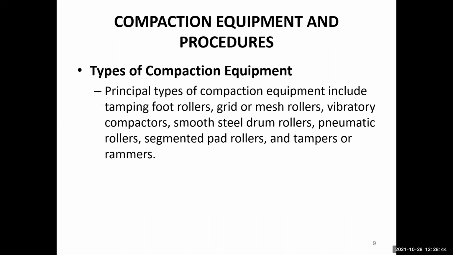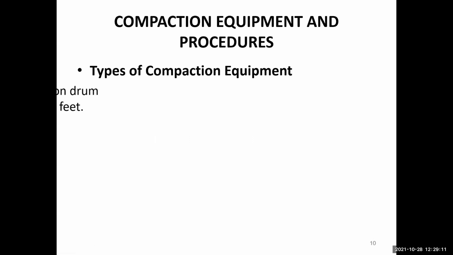So then what are the different types of compaction equipment? We have various types. Principal types of compaction equipment include tamping foot rollers, grid or mesh rollers, vibratory compactors, smooth steel drum rollers, pneumatic rollers, segmented pad rollers, and tampers or rammers. So you can see that a wide range of compacting equipment is available.